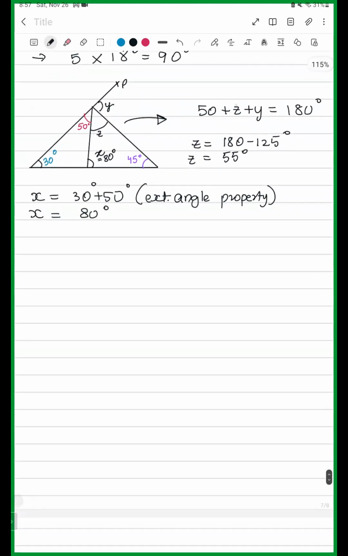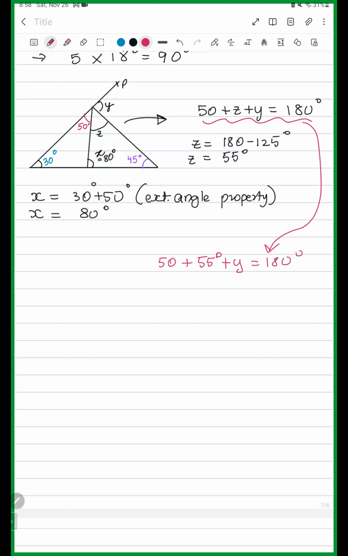So that means 50 plus, let me just write this thing down here. 50 plus z is what? 55 plus y gives 180.